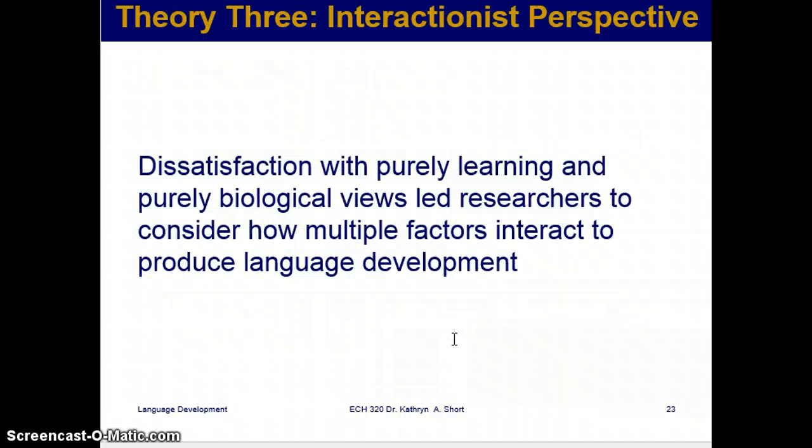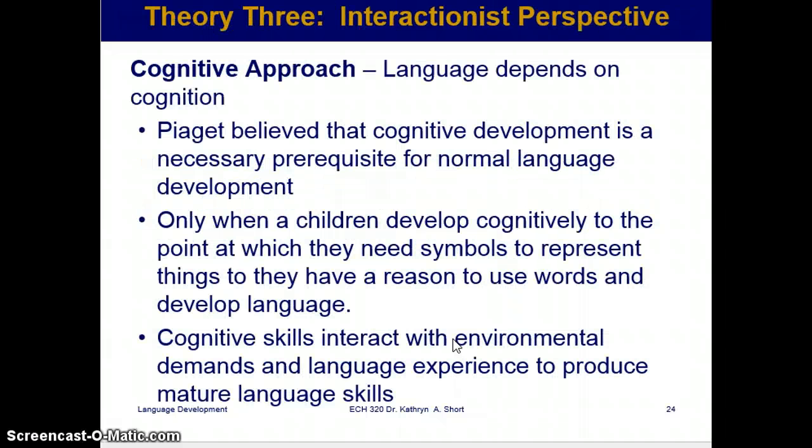Okay, the third perspective, theory 3, interactionist perspective. Dissatisfaction with purely learning and purely biological views led researchers to consider how multiple factors interact to produce language development. This one I kind of agree with. Cognitive approach. Language depends on cognition, as Piaget believed.